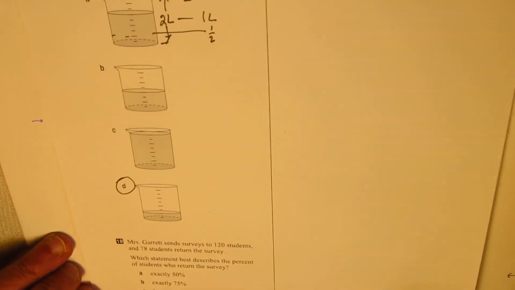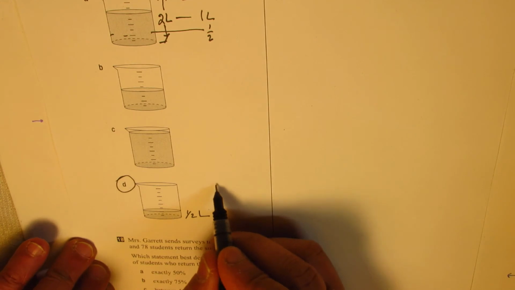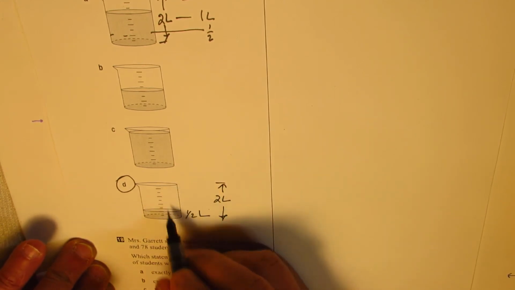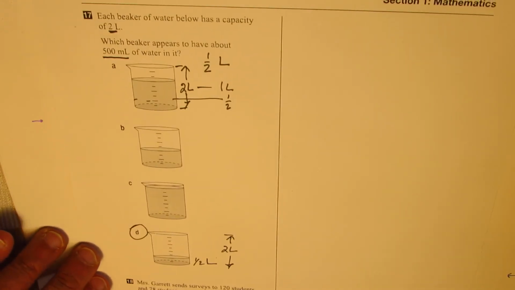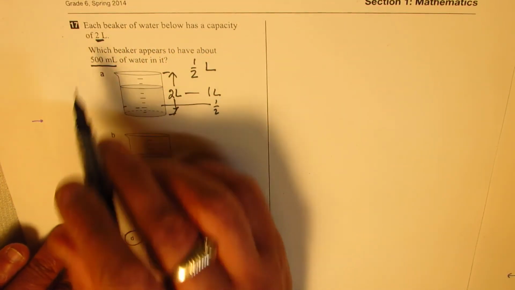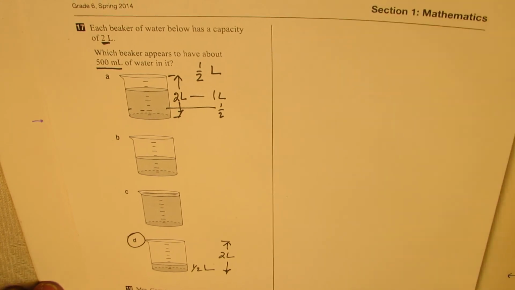So option D is the right option in this case, which gives you half liters in capacity, since this in all is 2 liters, right? Don't think it is 1 liter. Clearly written here that each beaker of water below has a capacity of 2 liters. So you need to read your questions properly. Otherwise, you may skip the right answer, right?